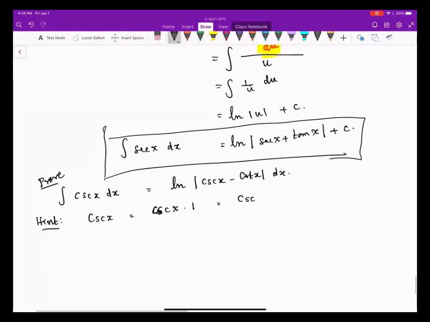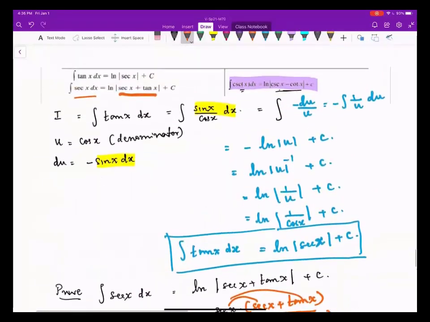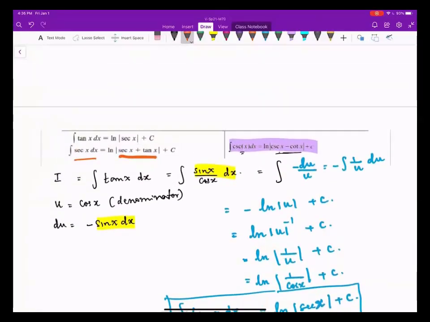Then that 1 can be written as something divided by the same thing. For that, the hint is this part: multiply by cosecant x minus cotangent x divided by cosecant x minus cotangent x. I think you would be able to try this way and then arrive at the integral value equal to ln of cosecant x minus cotangent x plus c.